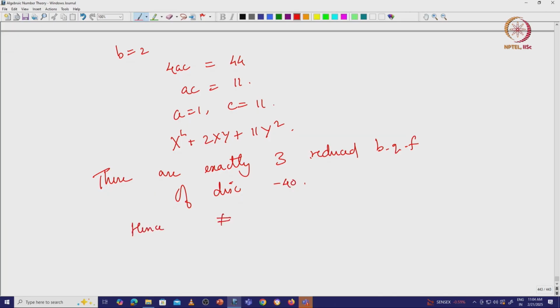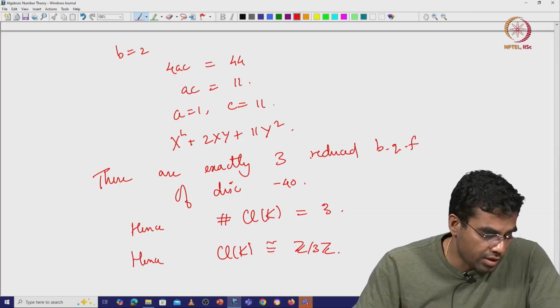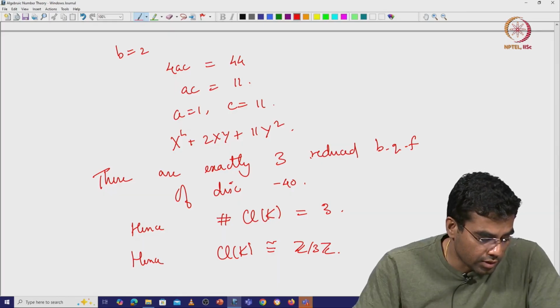Hence, the number of elements in the class group is 3, and we know that there is a unique group of order 3. So, hence the ideal class group is isomorphic to Z mod 3Z, cyclic group of order 3, right. So, this turns out to be the easiest way of finding class groups for imaginary quadratic fields, all right.